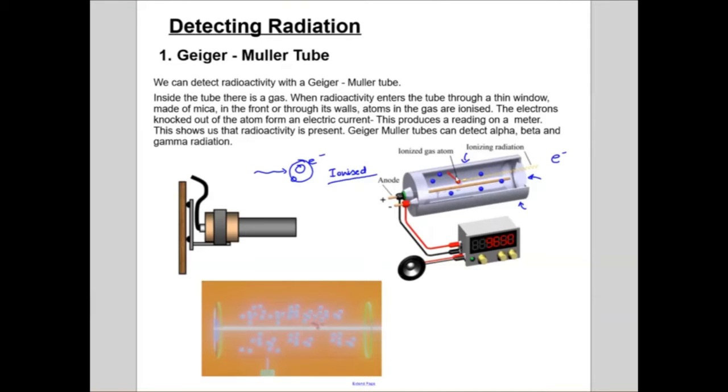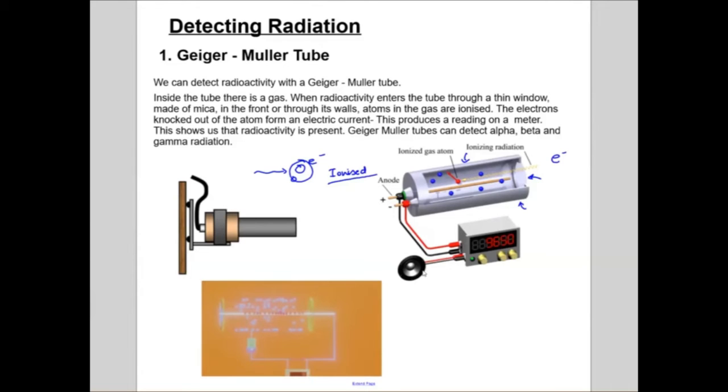And over a period of time, although it's quite short, the electrons will get deposited on this anode, right? And a significant amount of current, right? So current is the flow of electrons.